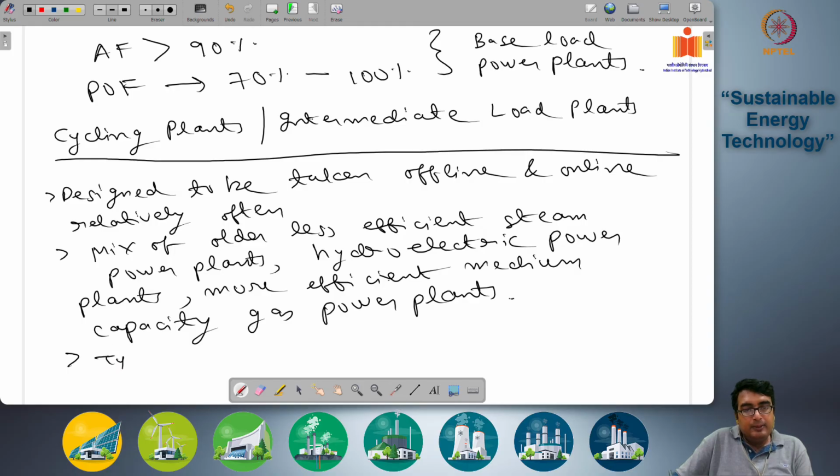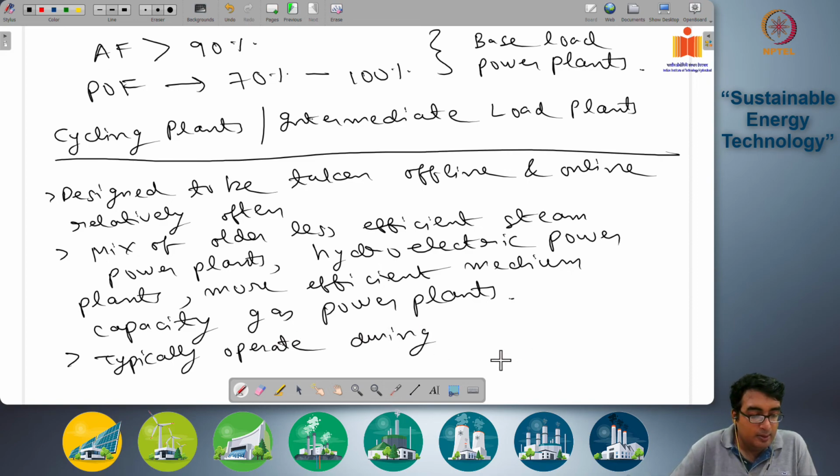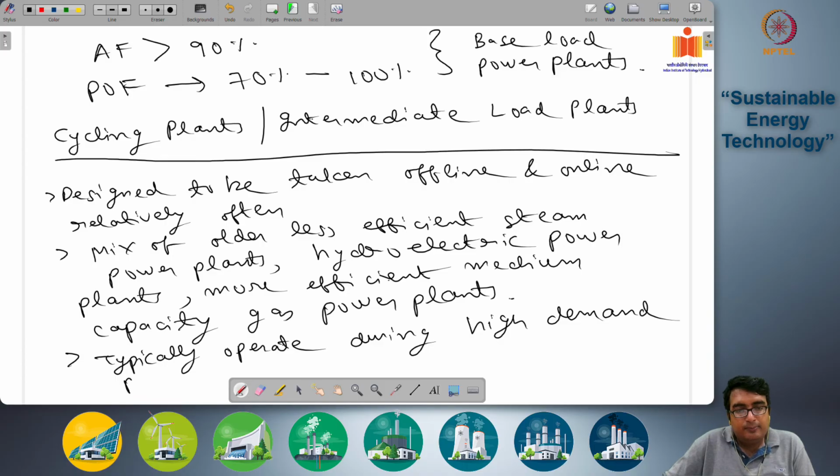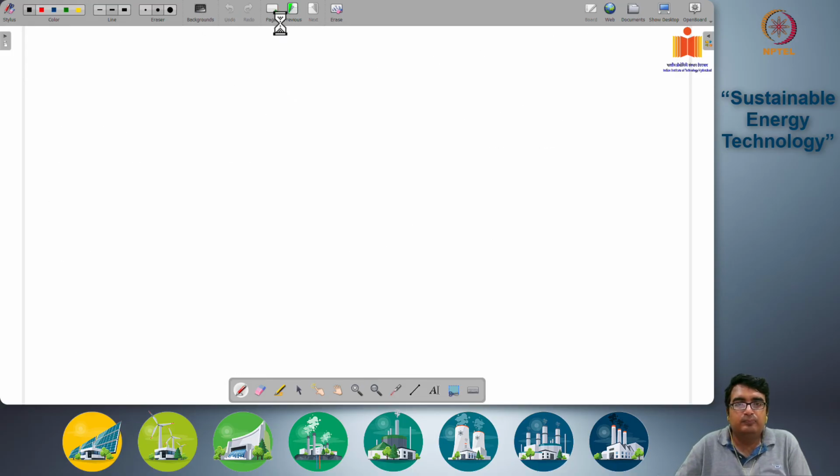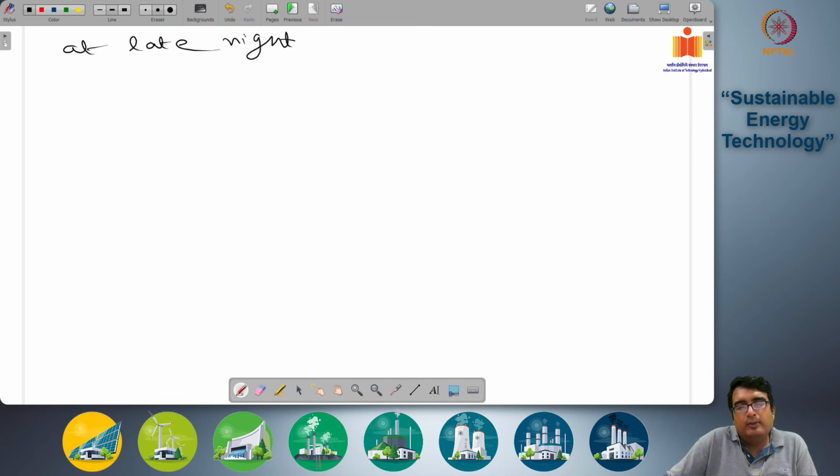So these typically operate during high demand periods, day and early evening, and switch off at late nights when we have low demand.